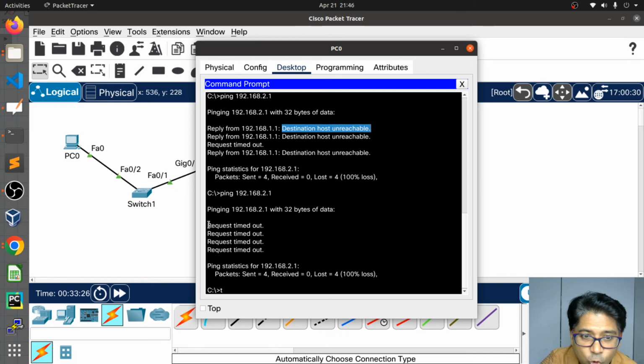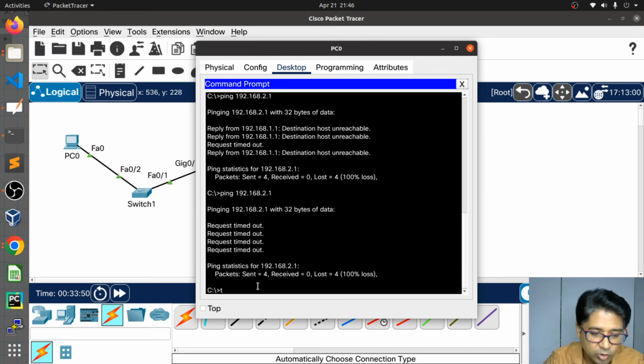But there is no reply, so there is no problem with the router. There is no problem with that gateway, otherwise he would reply back. So let's debug with traceroute. If my router R1, my gateway, doesn't have an issue, then who has the problem?